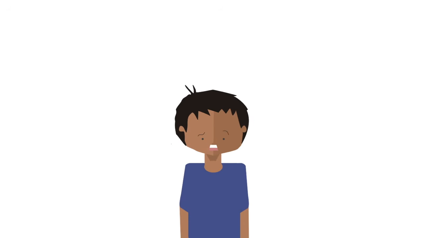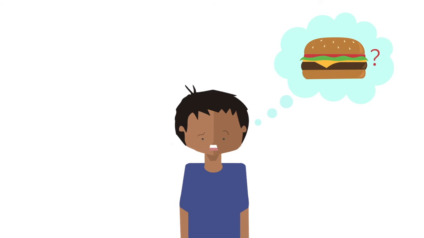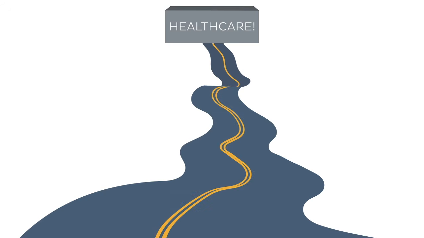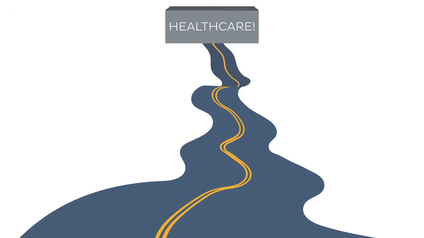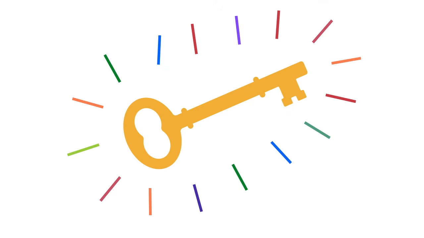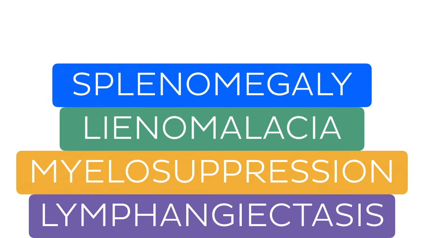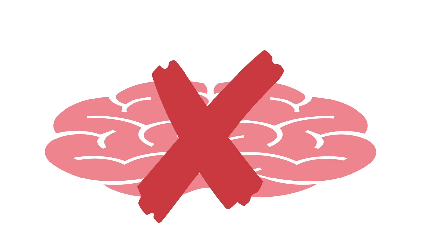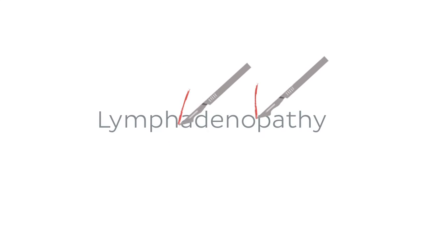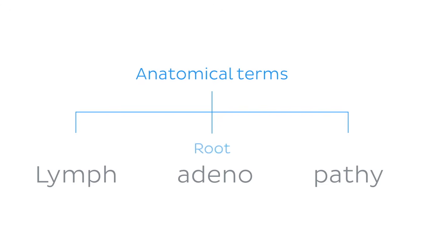So, what can you take away after exploring the terminology of the human body? Well, hopefully the first thing we can do is throw away the myth that anatomical and medical terminology can be a roadblock to your progress in healthcare. The second thing, we've learned that the key to mastering groups of large, complex, and daunting terms is not stretching your brain to memorize all of them, but rather dissecting them into smaller word parts called roots, prefixes, and suffixes.